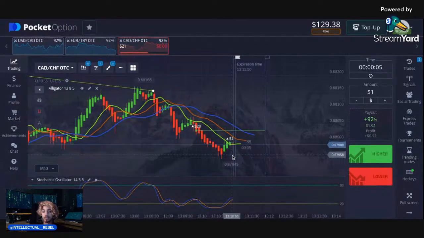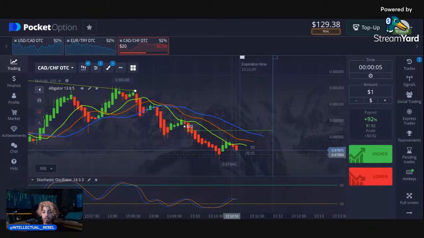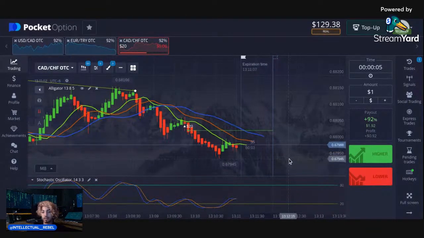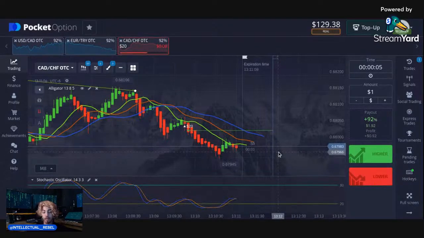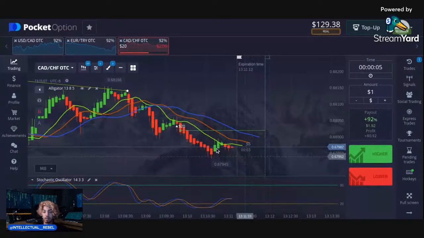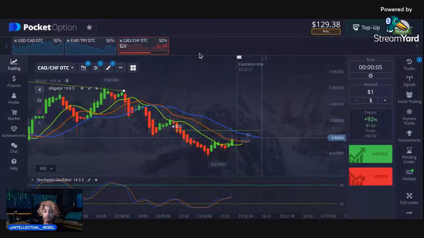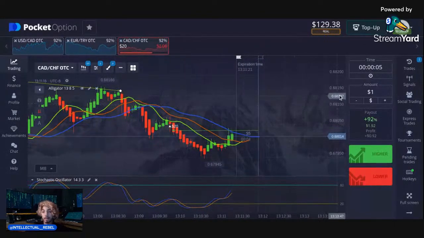That lag is just, I don't know if it's the lag that's getting me or it's just I suck. I don't want to blame it on the lag. It just made a high and I thought it was going to continue going high, so I did that.